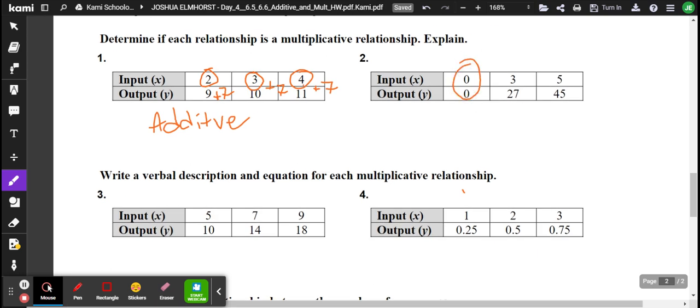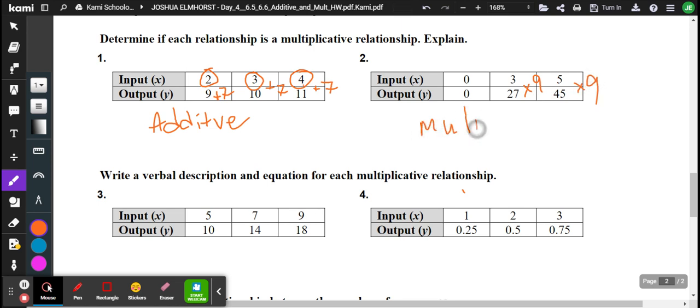Looking at the 0, 0 point, when x is 0, y is 0, then that is multiplicative. 3 times 9 and 5 times 9. So this is multiplicative.